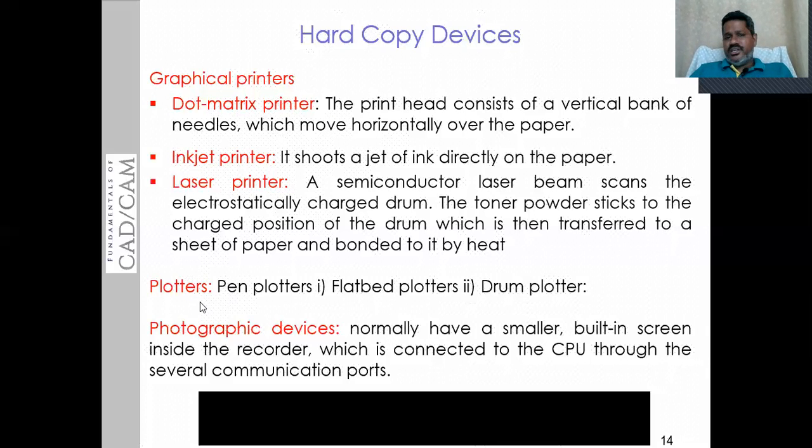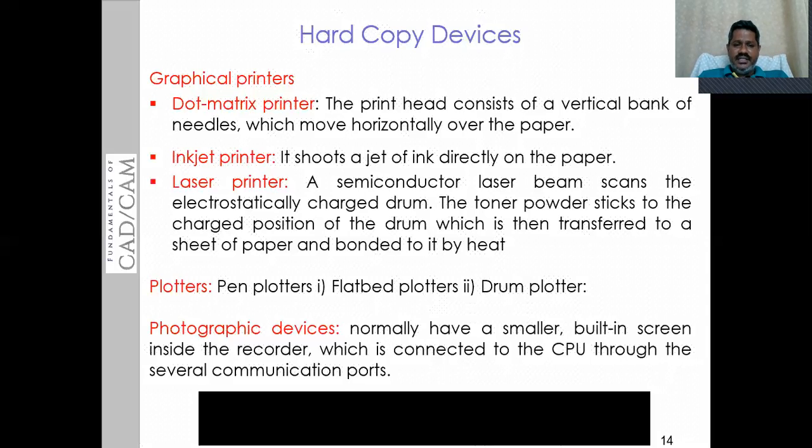When you come to the plotters, we have different plotters: pen plotter, and even pen plotter has two types, flat bed plotters and drum plotters. In flat bed plotters, we have a flat bed on which a pen is going to move.